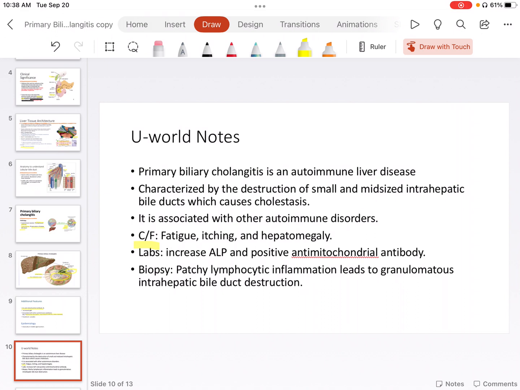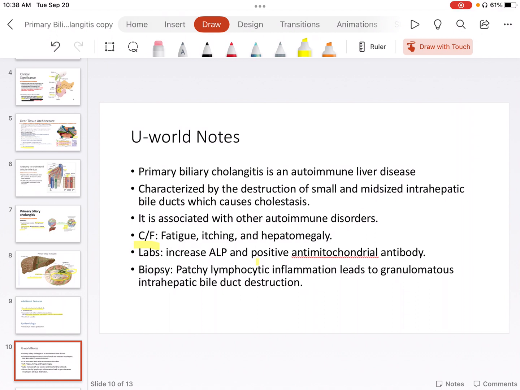Next thing is labs. We will see increased alkaline phosphatase. In most liver diseases, alkaline phosphatase is increased. You can determine with increased alkaline phosphatase that there is a liver problem, but you cannot determine the cause. To determine the exact cause of the liver problem, we have to do further testing.